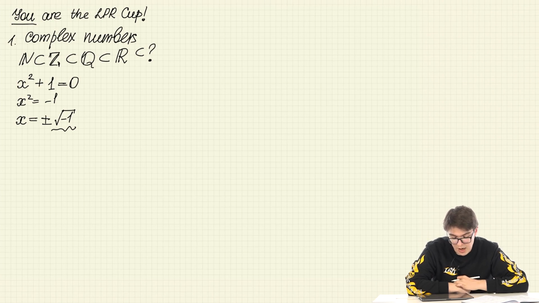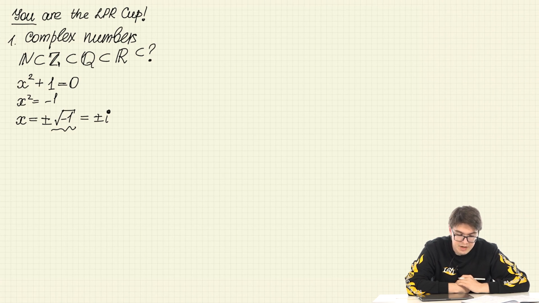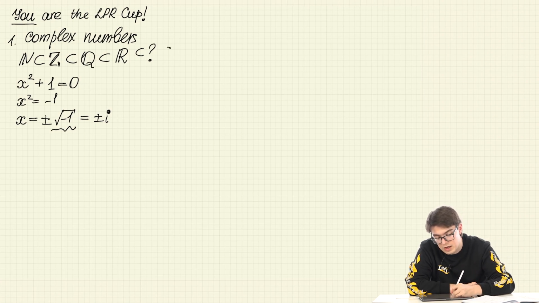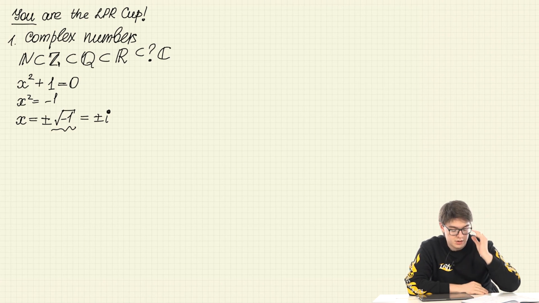Gauss and other mathematicians decided to invent what is called a complex unit, i, and developed this definition, and they invented the whole class of numbers which is called complex numbers.